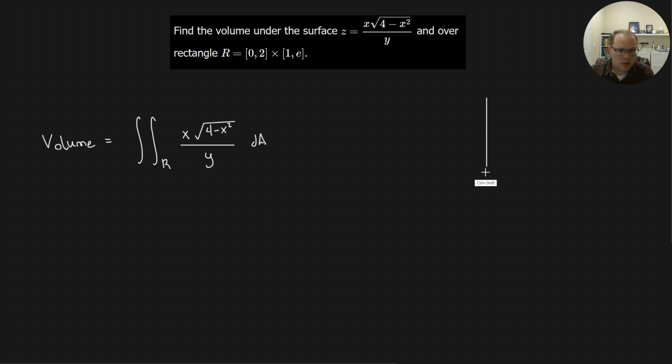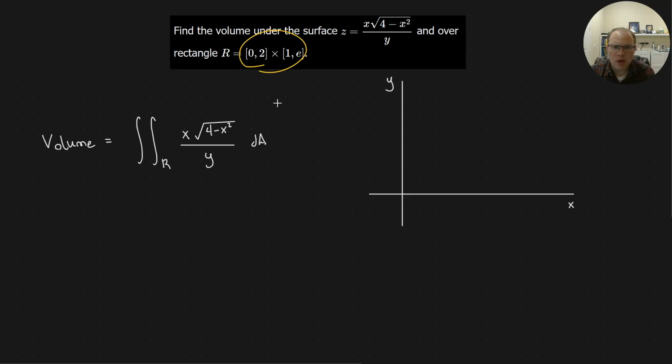Okay, so let's briefly sketch what we're dealing with here. R is [0, 2] cross [1, e]. What that means is this is the region of the x, this is the region of the y. These are intervals, and the cross means we're in 2 dimensions.